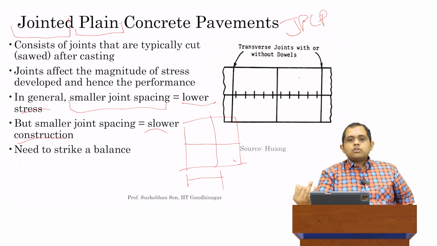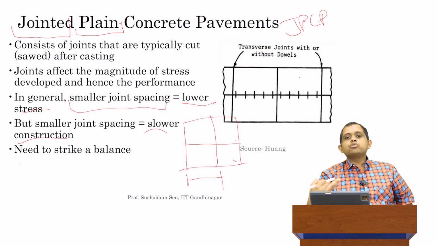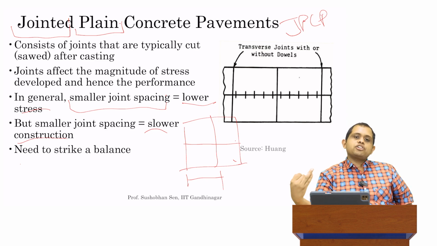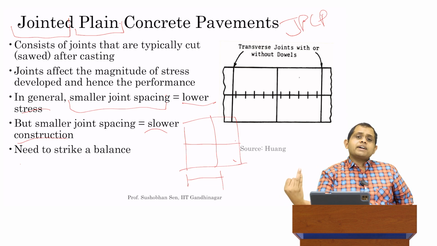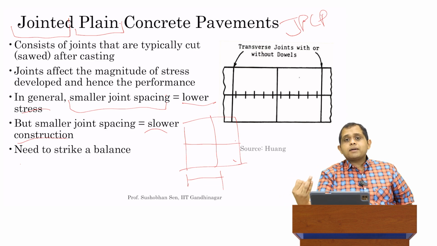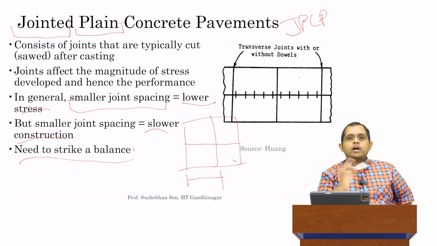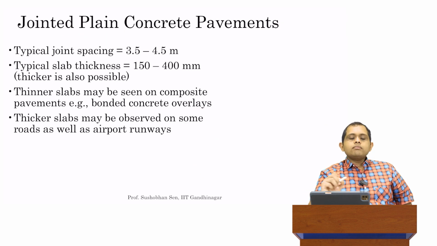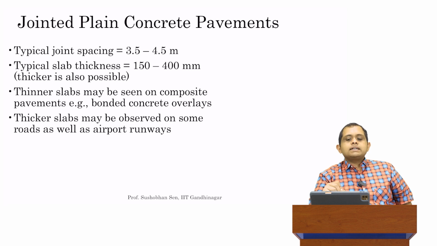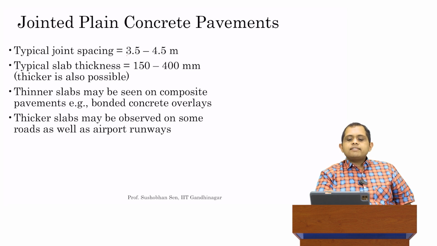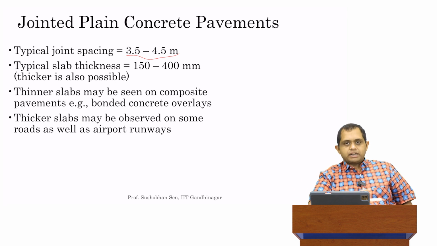So on one side, you would like to have short slabs to reduce the amount of stress, and when you reduce the stress, you improve the performance of the pavement. On the other side, you don't want very short slabs because it becomes uneconomical to construct such pavements. So we need to strike a balance between joint spacing or slab width in JPCP pavements. It has been found from experience, which happens to work, that the typical joint spacing is 3.5 to 4.5 meters.